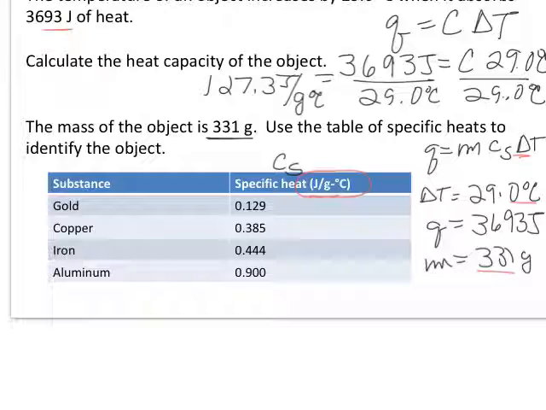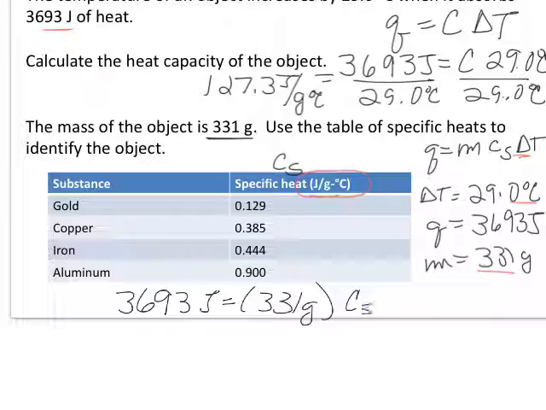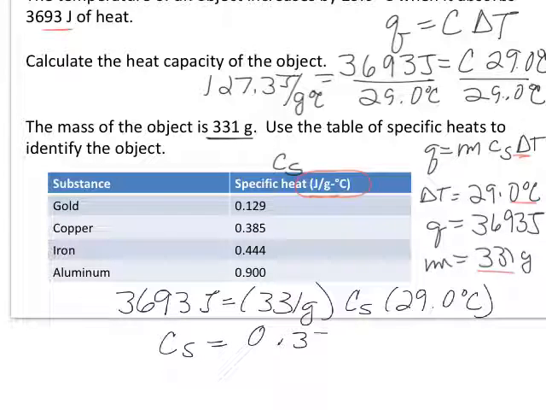So we would write 3,693 joules equals 331 grams times CS times 29.0 degrees Celsius. And when you multiply and divide through, you get CS equals 0.385, which would be joules per gram per degree Celsius. And that is copper right there.